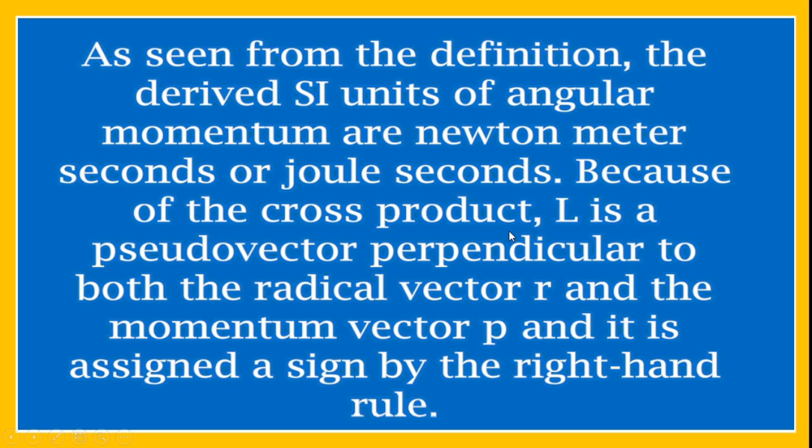Because of the cross product, L is a pseudo vector perpendicular to both the radial vector R and the momentum vector P, and it is assigned a sign by the right hand rule.